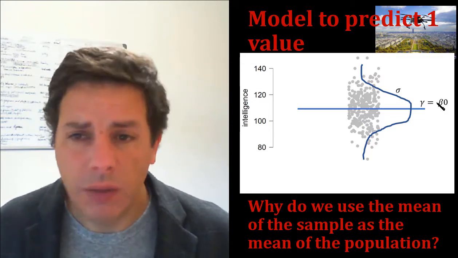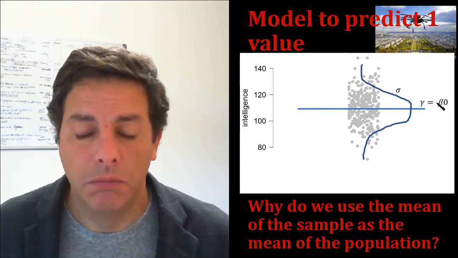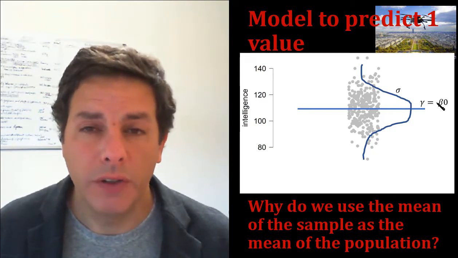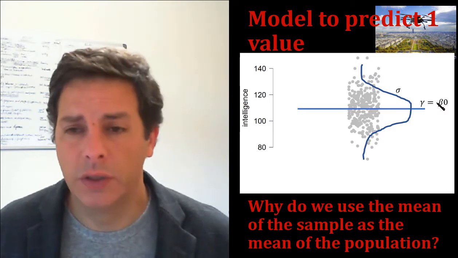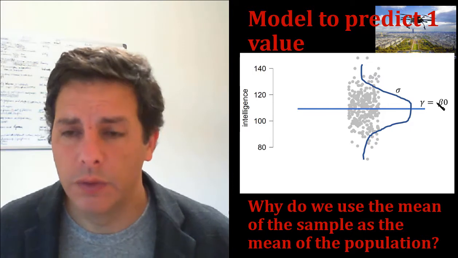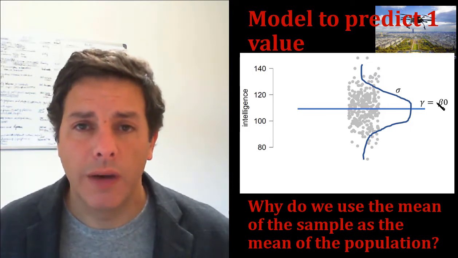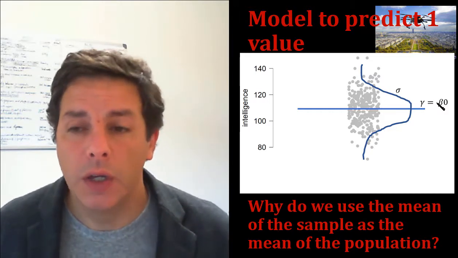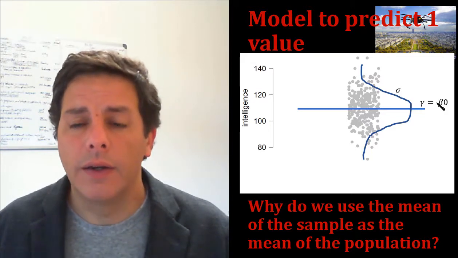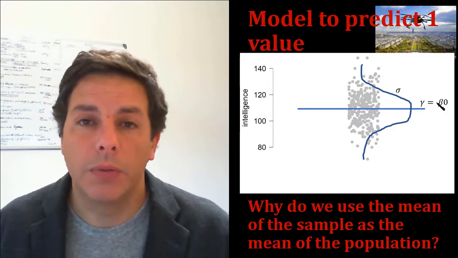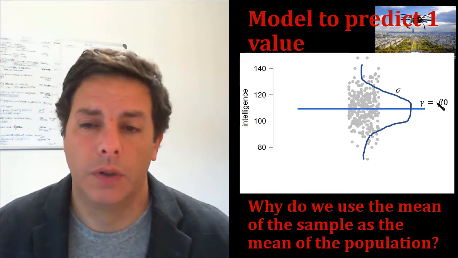And why do we do that? You may want to do that for many reasons, maybe because we need to decide policies based on what values of something variable we expect, or we have to make a decision based on that. So it's very useful to have a model that allows us to make predictions. Predictions will have errors, obviously, but we try to make predictions with the least error possible.